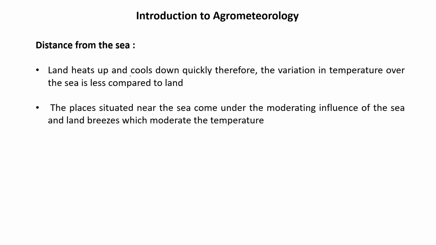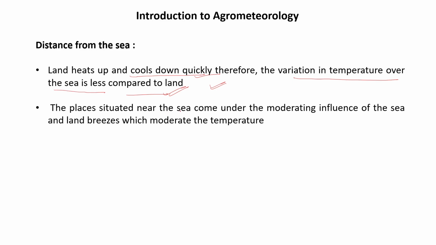Land heats up and cools down quickly. Therefore, the variation in temperature over the sea is less as compared to the land. This is very, very important, and this is what gives rise to the sea breeze and the land breeze. We will discuss it later.